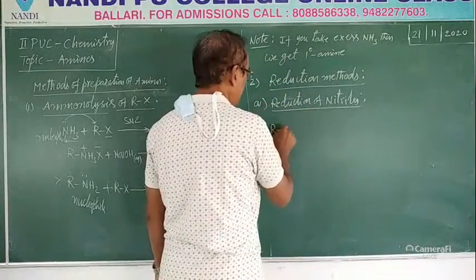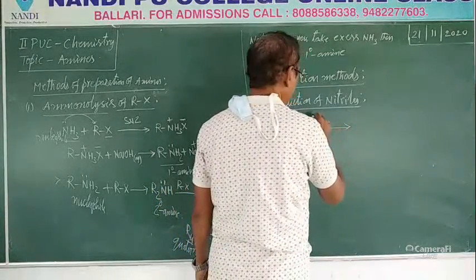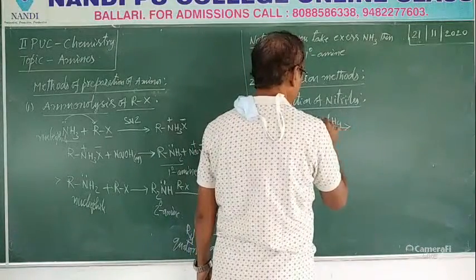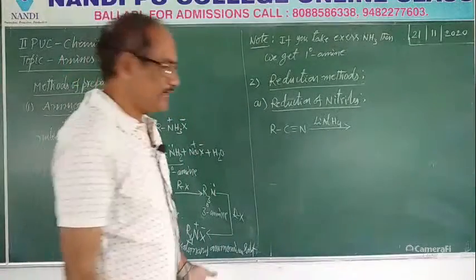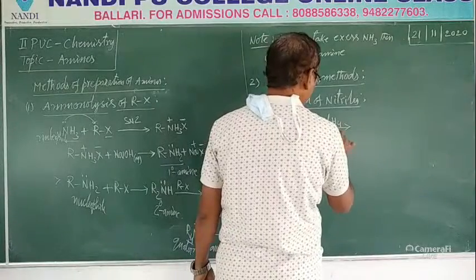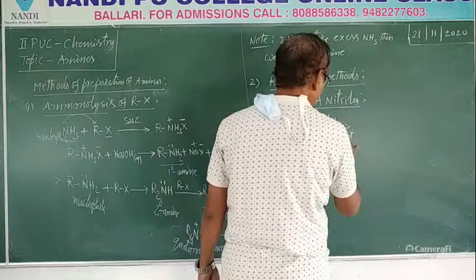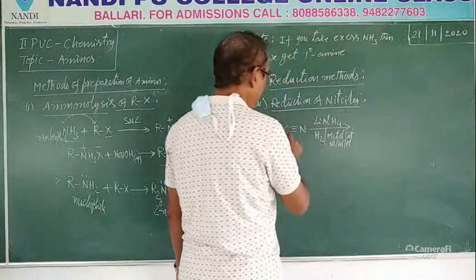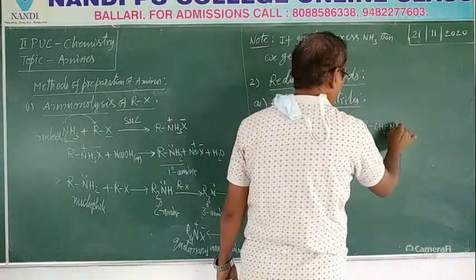Reduction of nitriles, that is R-C triple bond N. These nitriles on reduction with lithium aluminum hydride, a strong reducing agent, or H2 and metal catalyst, where metal means nickel or palladium or platinum, this group is reduced to RCH2NH2.